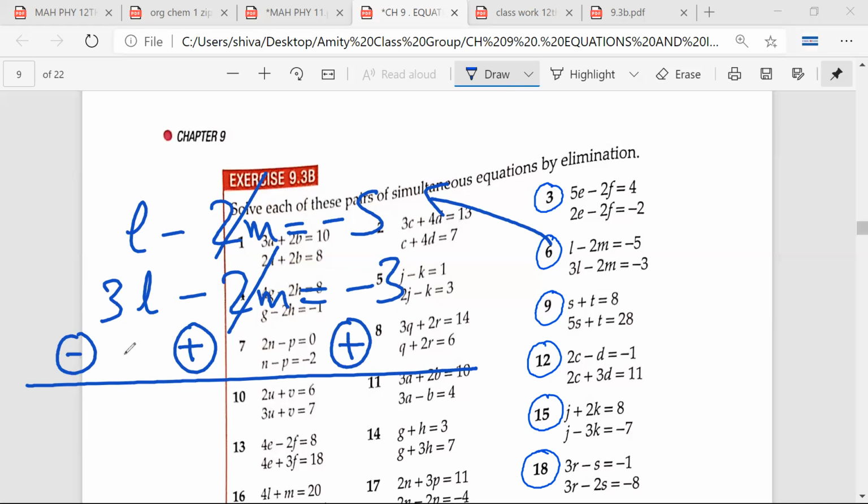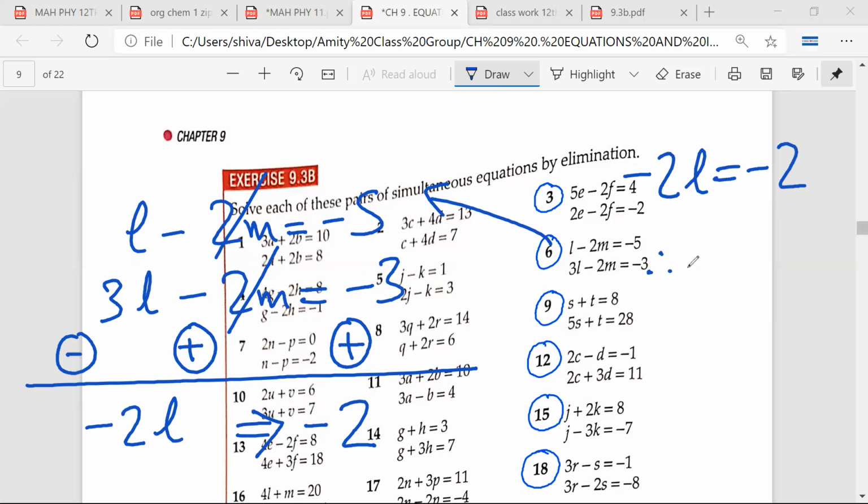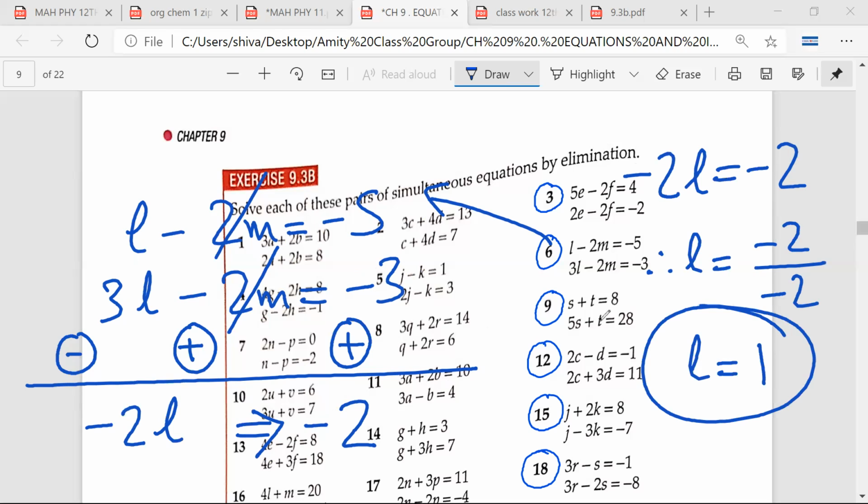L minus 3L would be equal to, Sanvi? Minus 5 plus 3 will become minus 2. Soumyaji, any doubt? No, sir. Minus 2L is equal to minus 2. Therefore, L would be equal to minus 2 upon 2. L is equal to 1. Any doubt?